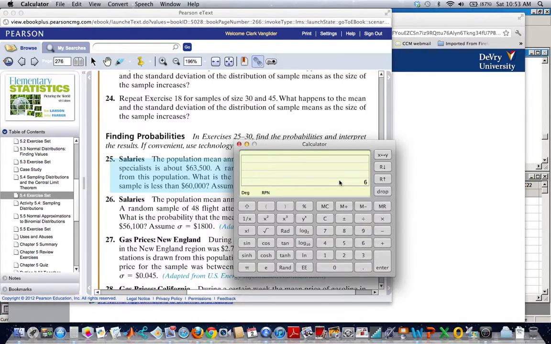So if I take 6,100, find the square root of 35, which should be close to 6, and divide those, I get 1,031 and some change. So I'm going to need that number.